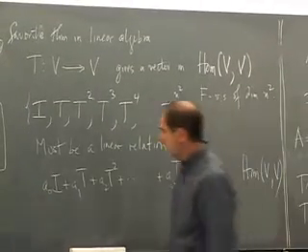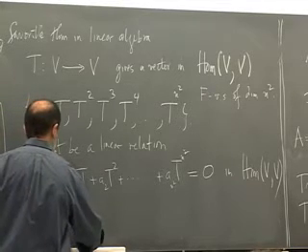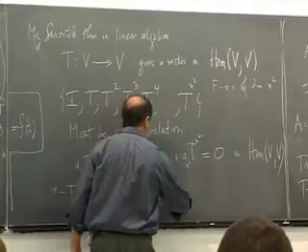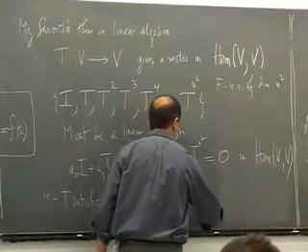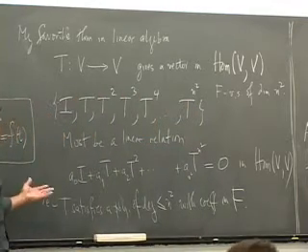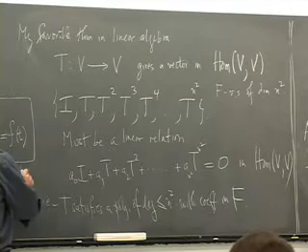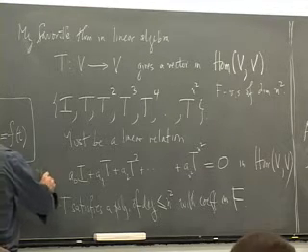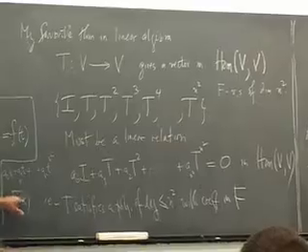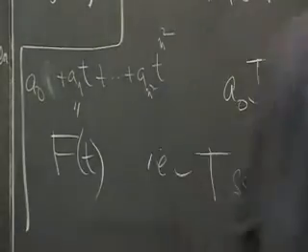In other words, T satisfies a polynomial of degree less than or equal to n squared with coefficients in the field F. Namely, if you took this polynomial a0 plus a1 t plus ... plus a_{n squared} t to the n squared, and you called that polynomial capital F of t, and you plugged in the operator capital T, it would give you the zero operator. This is the zero operator.